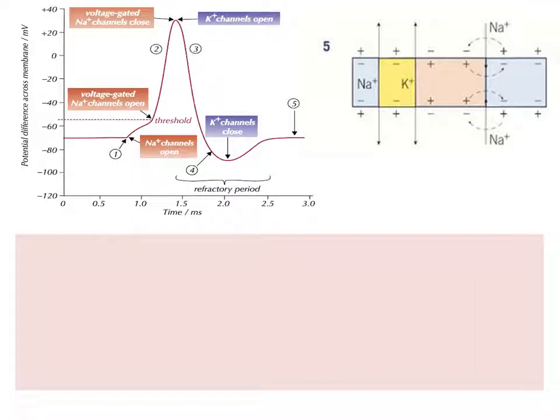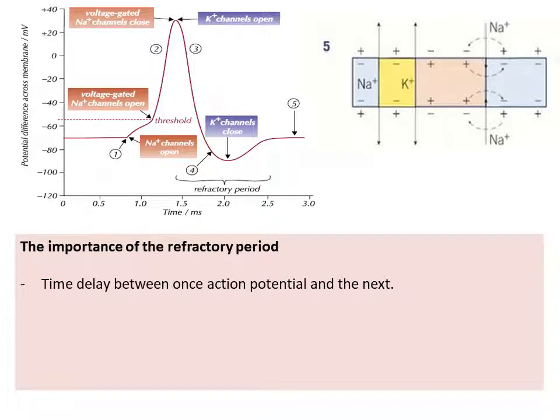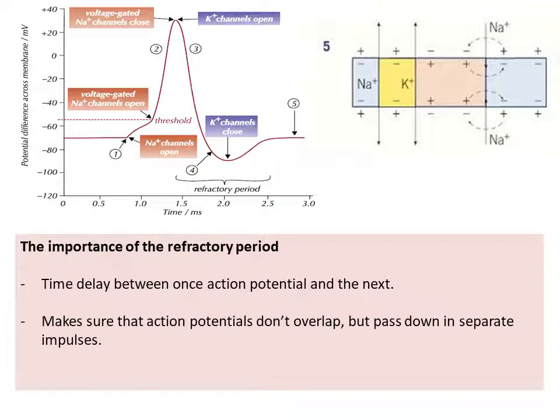So it makes sense to have some idea as to why a refractory period has evolved. There is an important value to the refractory period. There's a time delay between one action potential and the next, so there is going to be a very distinct gap between one impulse and the next one that travels down, and this makes sure that action potentials are not going to overlap and will pass down as separate impulses.